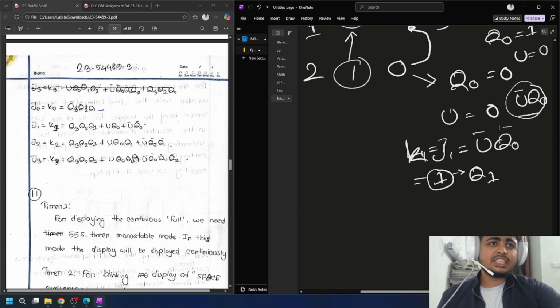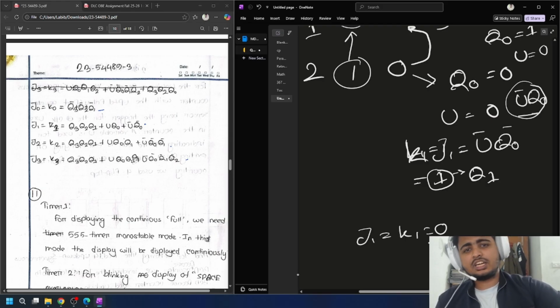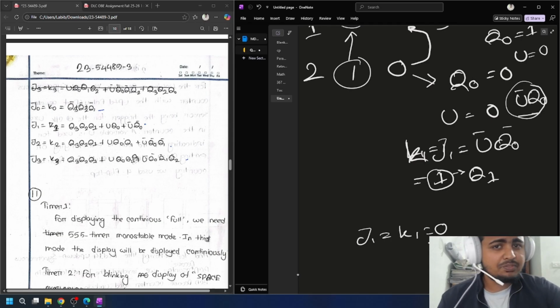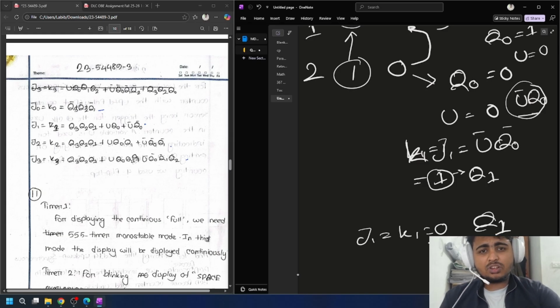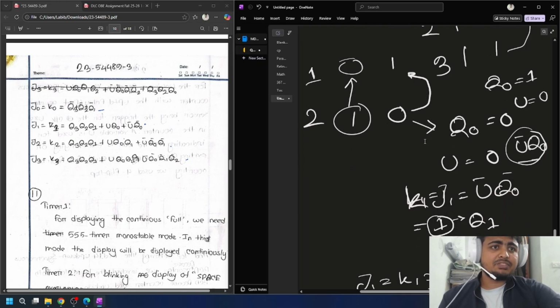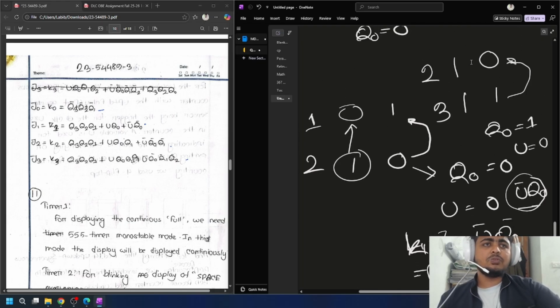That means J1 equals K1 equals 0, so the condition doesn't get fulfilled. Which means Q1's value stays the same, which we can already see, as the 1 is already there.